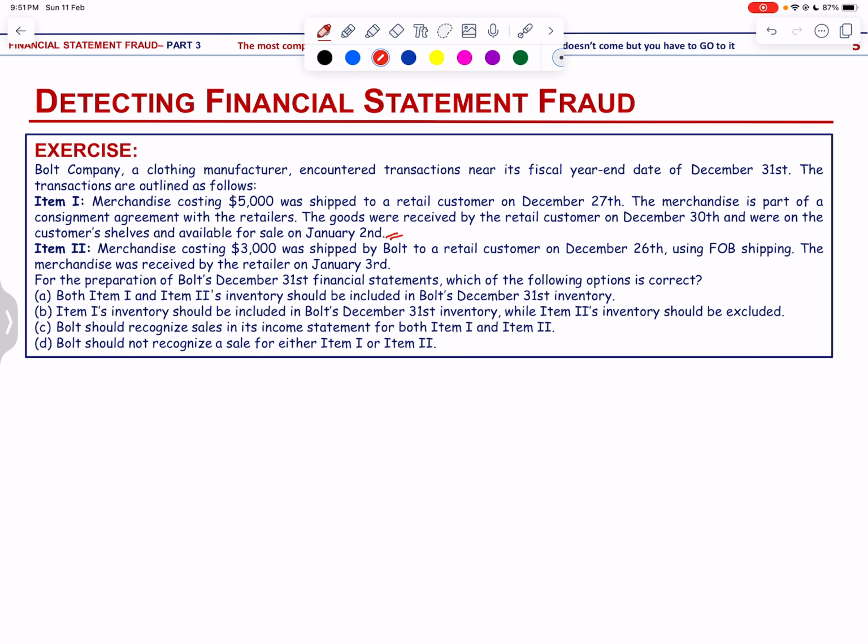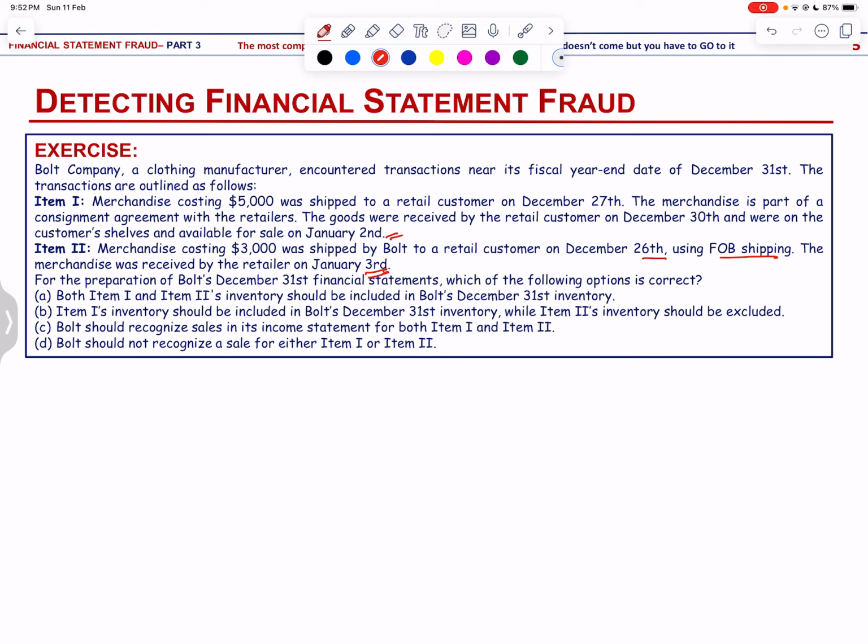And then we have item 2, merchandise costing 3000 was shipped by Bolt to a retail customer on December 26th using FOB shipping. The merchandise was received by the retailer on January 3rd. For the preparation of Bolt's December 31st financial statement, which of the following options is correct?